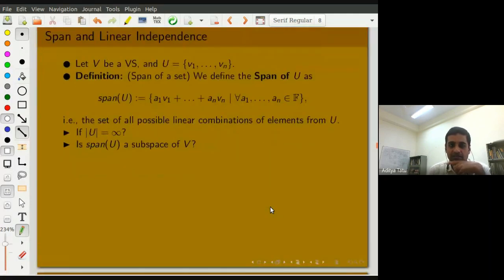And I think I'll stop after I discuss this last point here. So given any set U, or given any subset U of a vector space V, will span of U be a subspace of V?